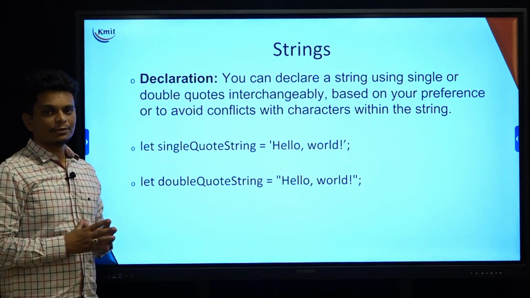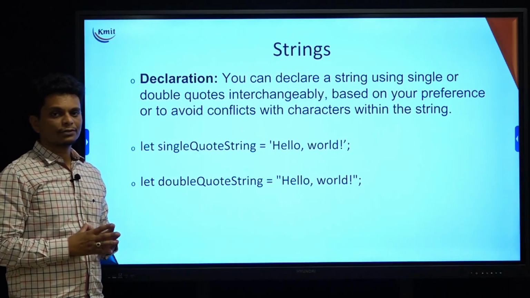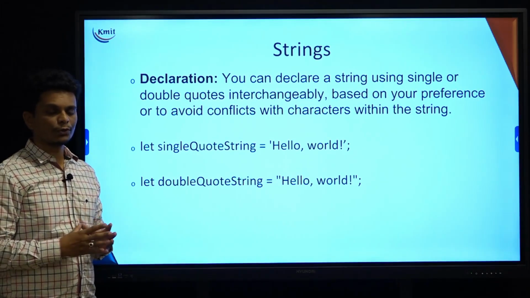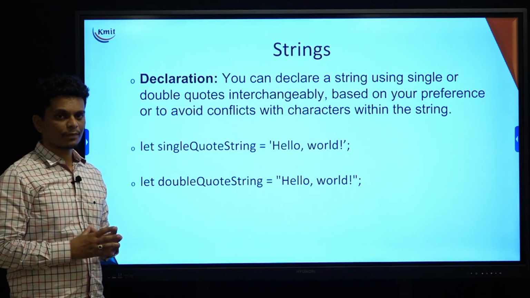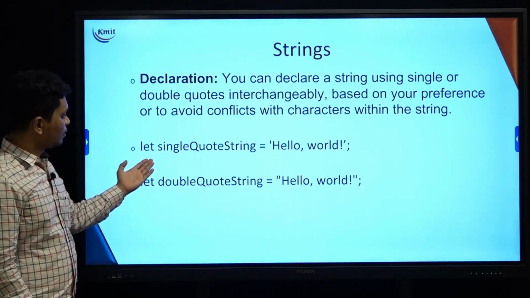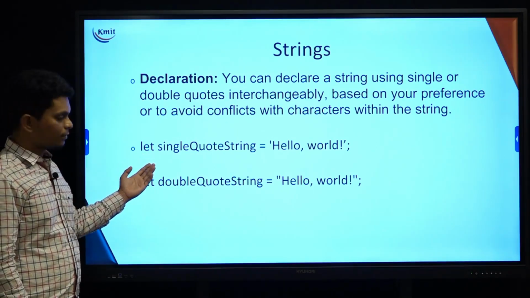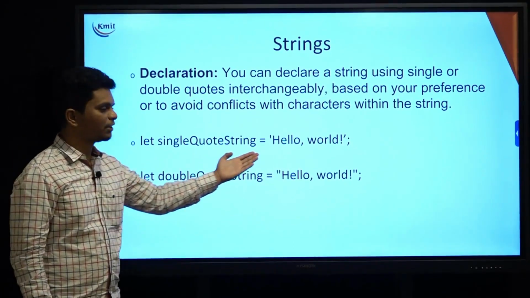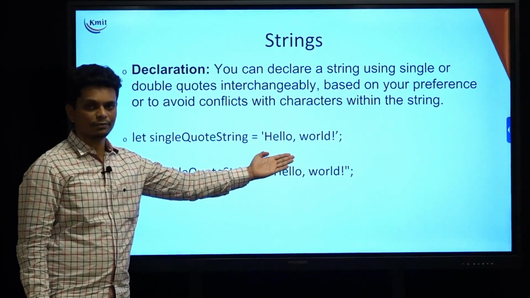In JavaScript we can declare strings using single quotes or double quotes according to our requirement. Look at this example. Let single quote string is the variable name and it has been initialized with hello world.